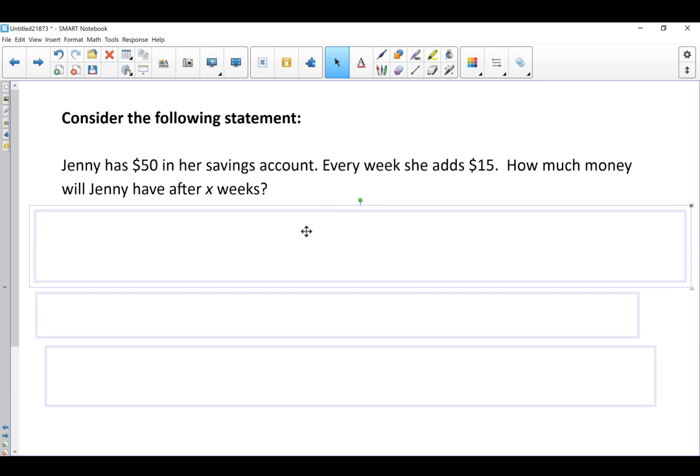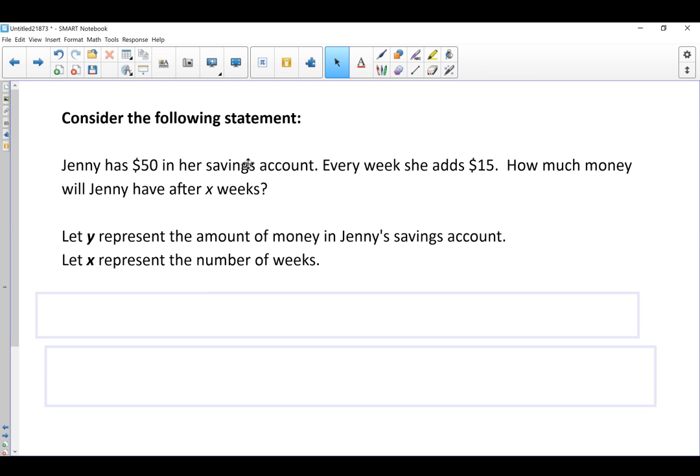Just like any word problem, we start off by defining our variables. I'm going to have two variables. I'm going to let y represent the amount of money in Jenny's savings account, and I'm going to let x represent the number of weeks that she's been saving for.